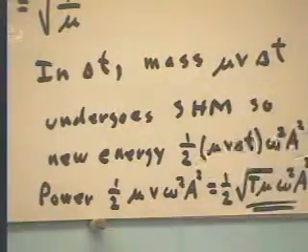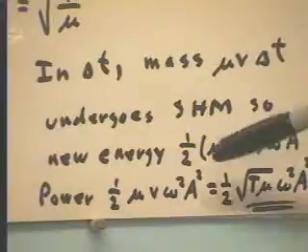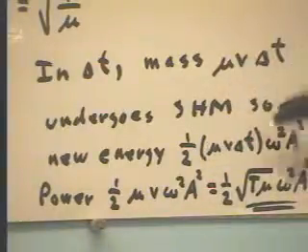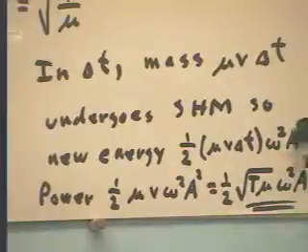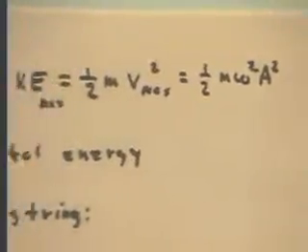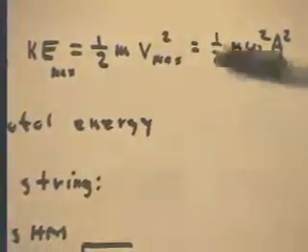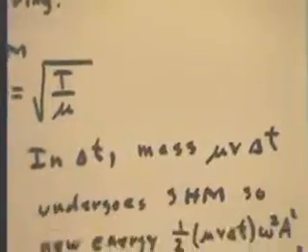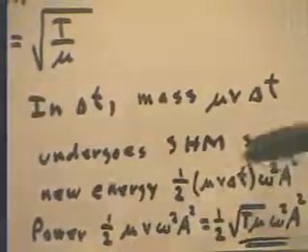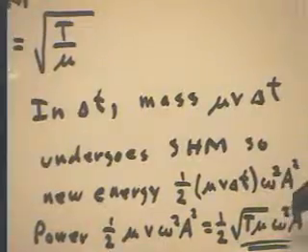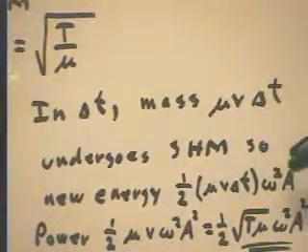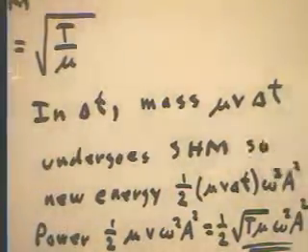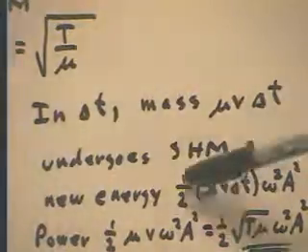And there's therefore a new energy, which is 1/2 the mass mu v delta t times omega squared A squared, because remember that the kinetic energy was 1/2 m omega squared A squared. Every bit of that mass mu v delta t is in simple harmonic motion with amplitude A and angular frequency omega, and therefore has this energy.